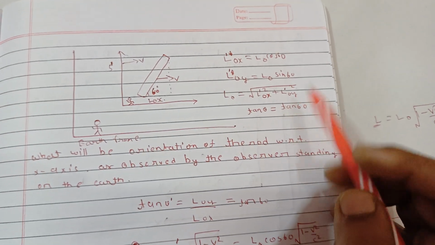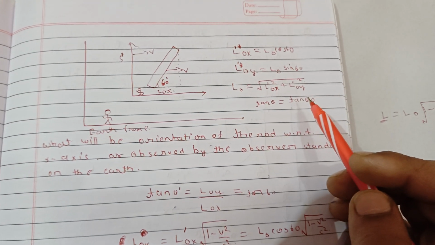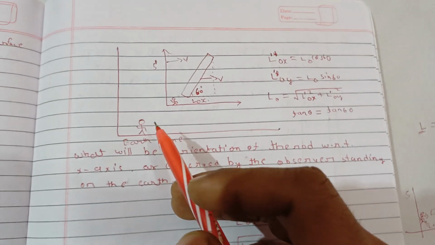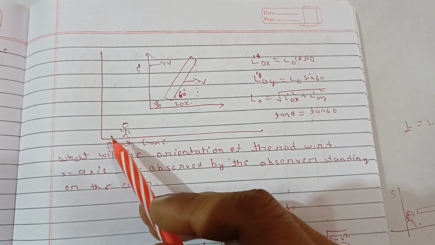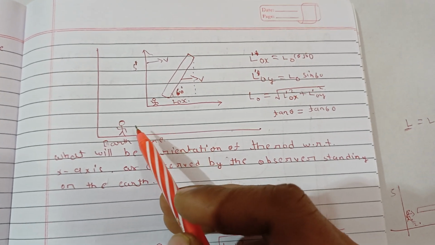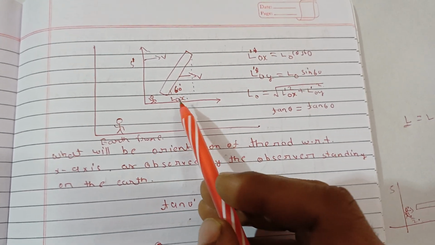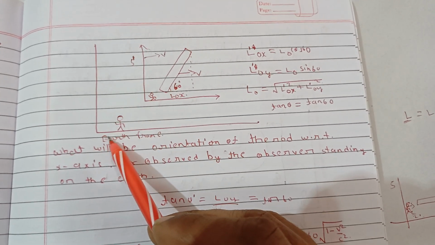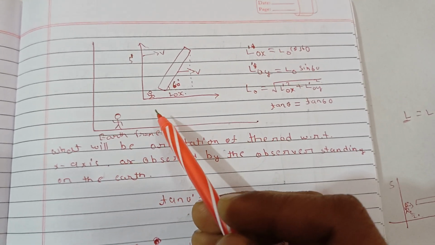It is nothing special. So what will be the theta according to this frame? We will call it theta prime, and theta prime will depend on the x component and y component in this frame, so we have to find them.